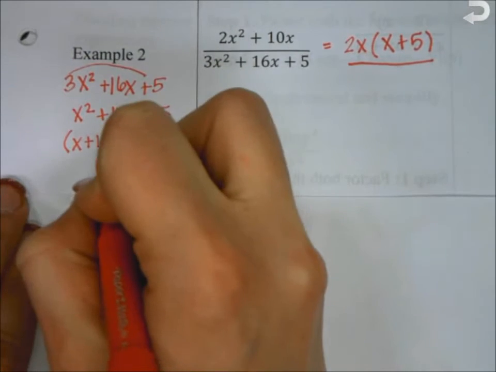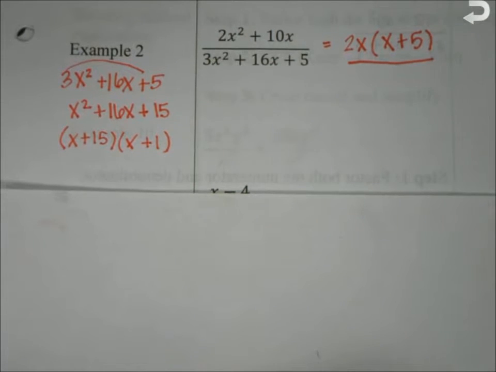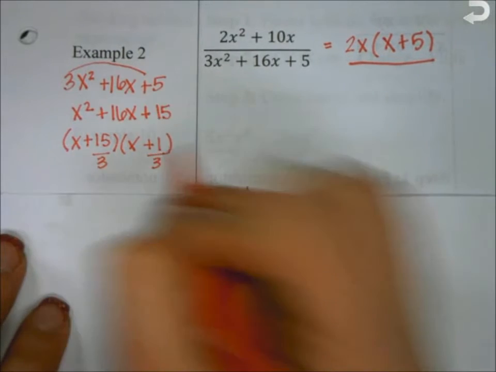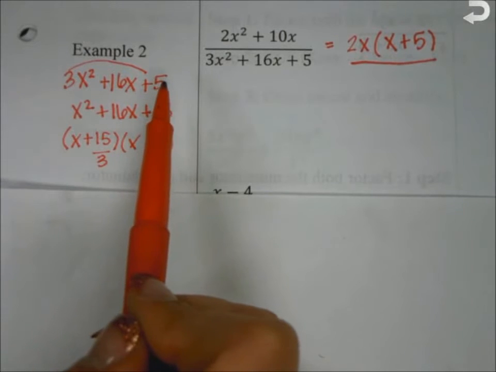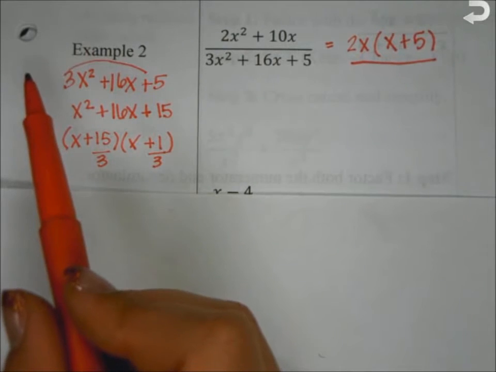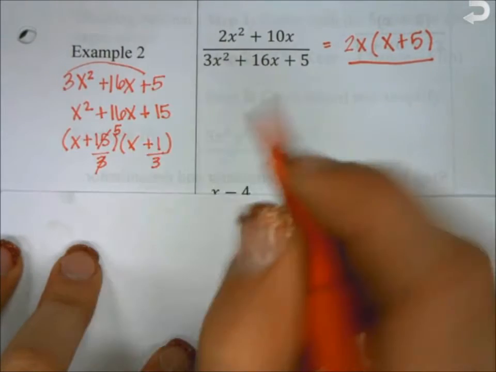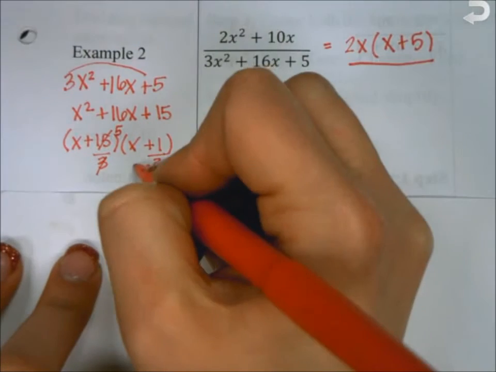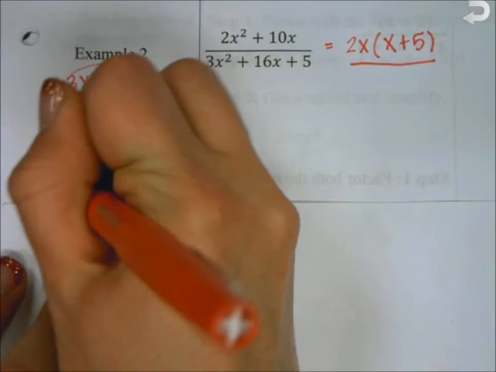Okay, I'm done, right? No, what do I have to do? Very good. We divide by 3, and remember the reason we divide by 3 is because we multiplied by 3 in the beginning. So now we have to undo that. 15 divided by 3 reduces to 5. 1 over 3, does that reduce? Nope. So we bring the 3 up, and how does this factor then? X plus 5 times 3x plus 1.